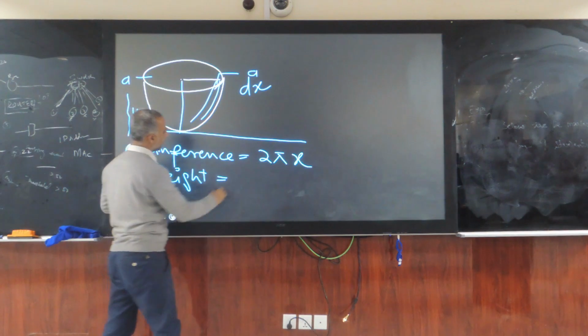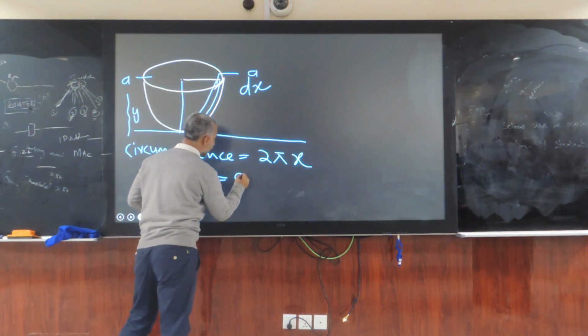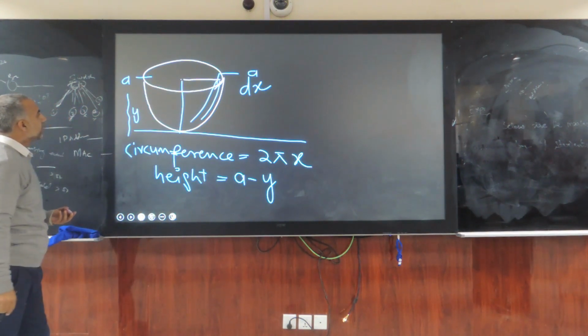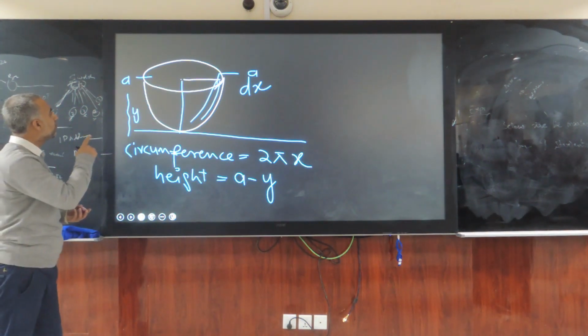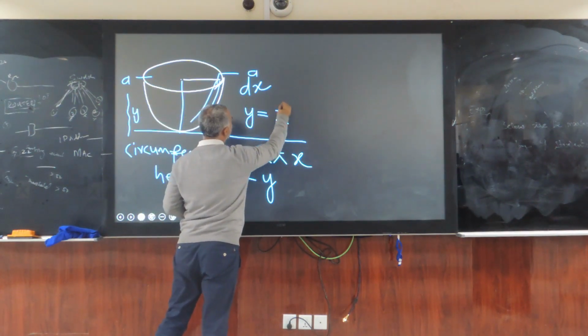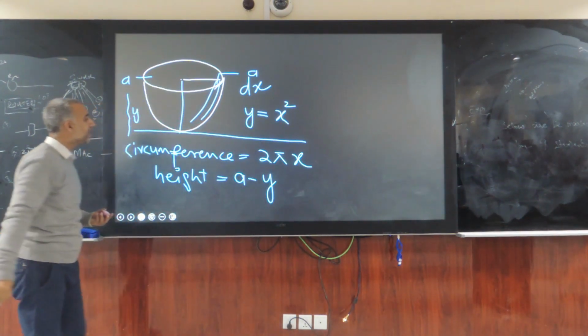height can be given as a minus y. Now, according to the parabola's nature, it can be represented with the help of y equal to x square.